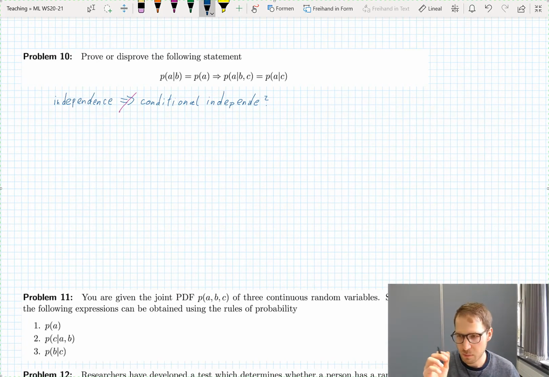So here our counterexample is way more simple. We just look at two dice rolls. They're independent.